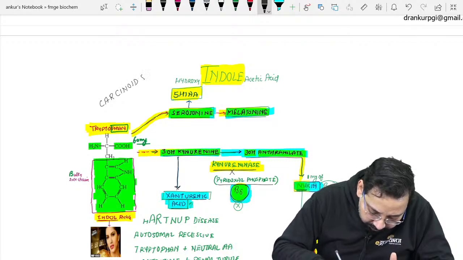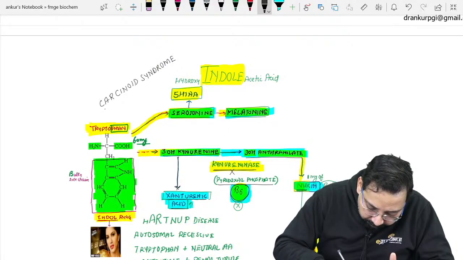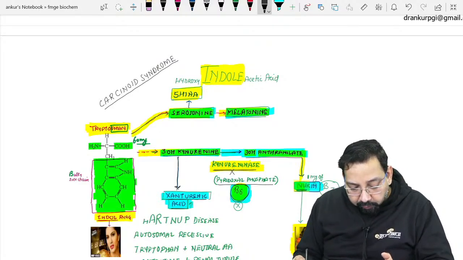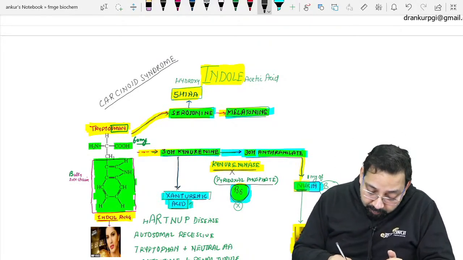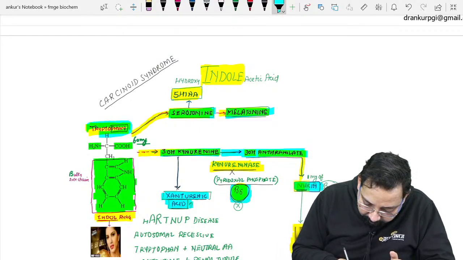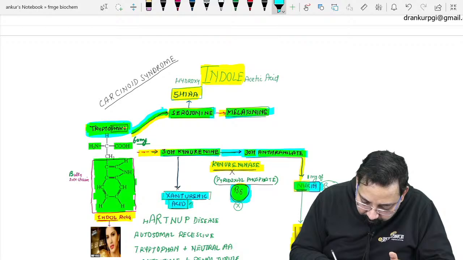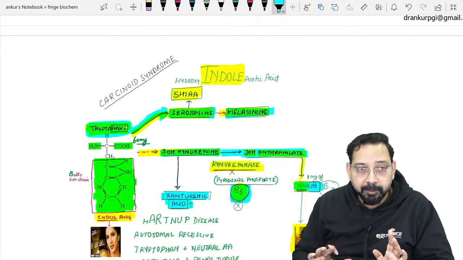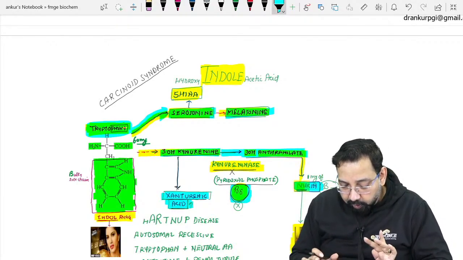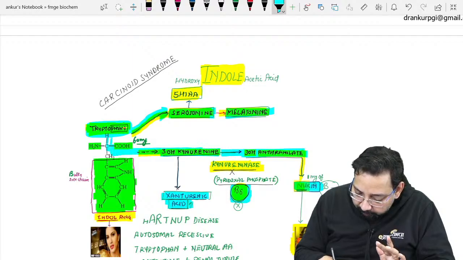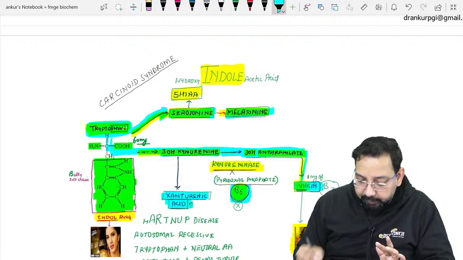Carcinoid syndrome. In carcinoid syndrome, more and more tryptophan is converted to serotonin, and if more is converted to serotonin, tryptophan will not be converted to niacin.